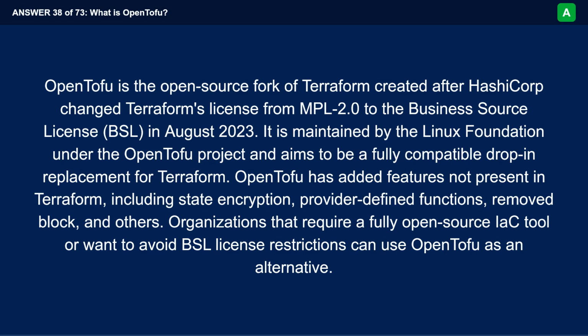OpenTofu has added features not present in Terraform, including state encryption, provider-defined functions, removed block, and others. Organizations that require a fully open-source IaC tool or want to avoid BSL license restrictions can use OpenTofu as an alternative.